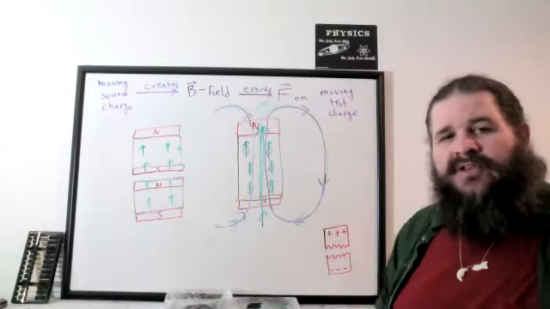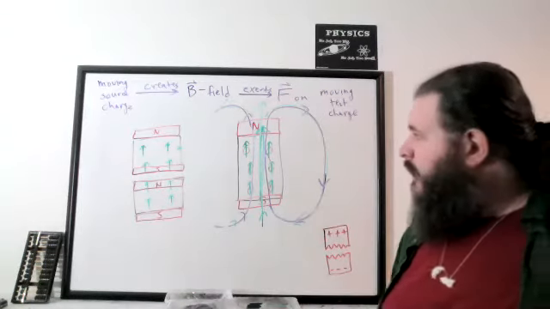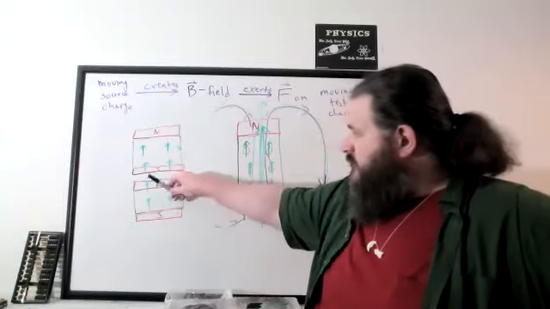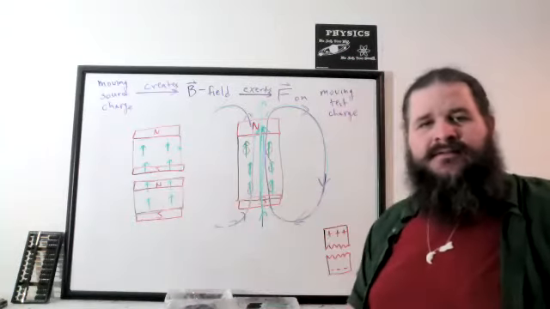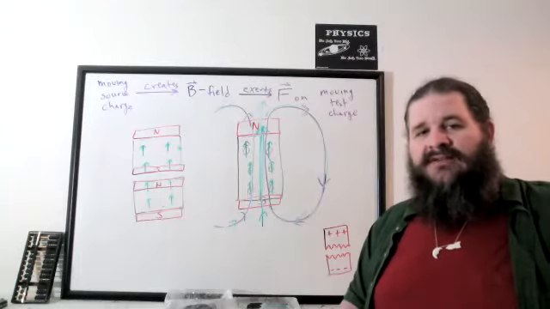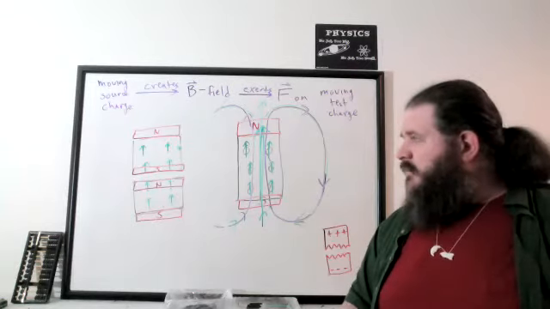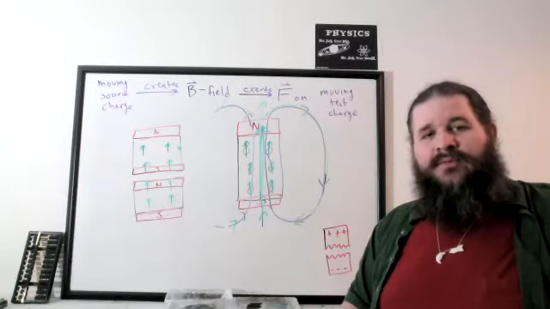Because electric polarization is all about where the positive and negative charges physically are. But magnetic polarization is about which direction the atoms are oriented. So that's really one of the biggest differences here. There's a lot of similar behavior in terms of the dipoles and which direction they point and stuff like that. But there's a big difference in behavior in terms of what happens if you break it.